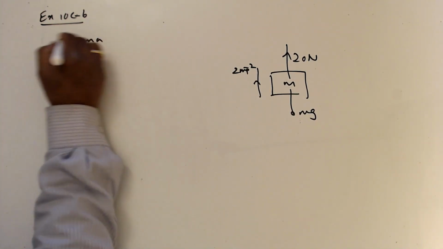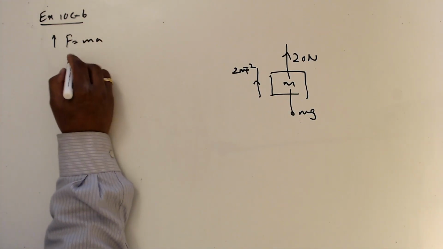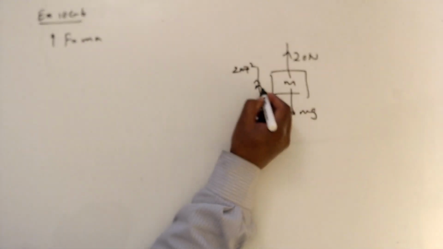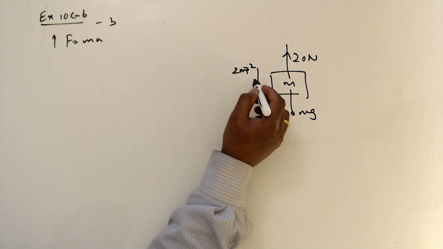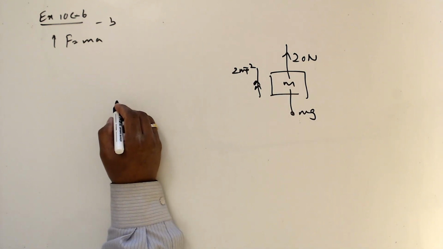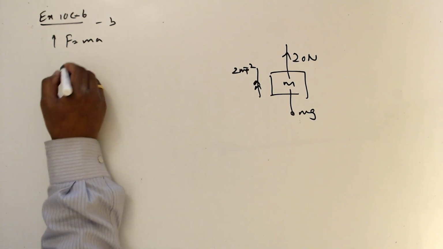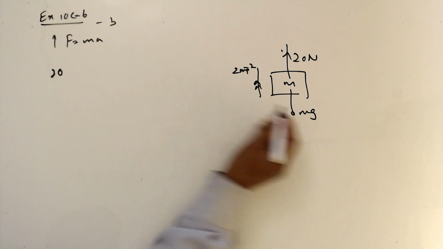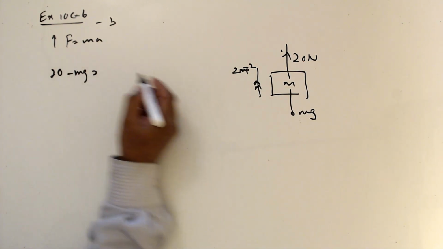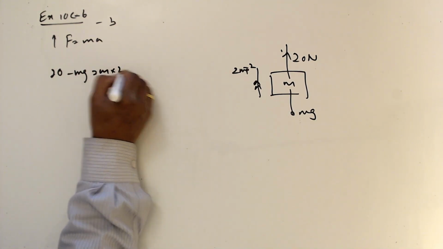F equals ma upward. Because this is part B, the acceleration is 2 m/s² upward. So this is positive upward, this is negative mg, equals m times 2.